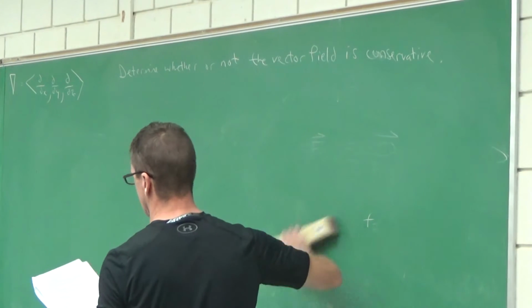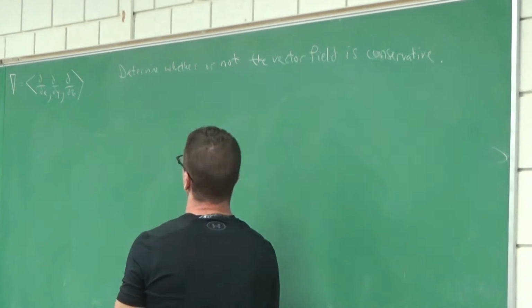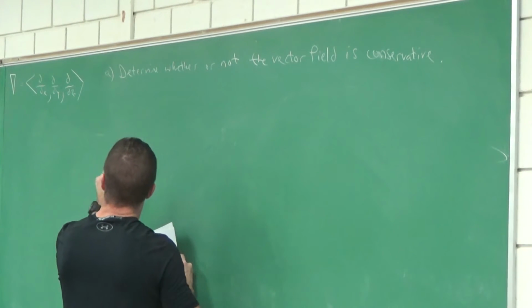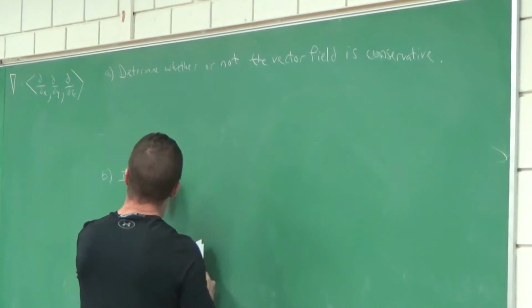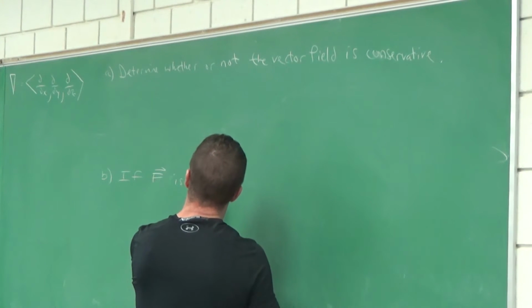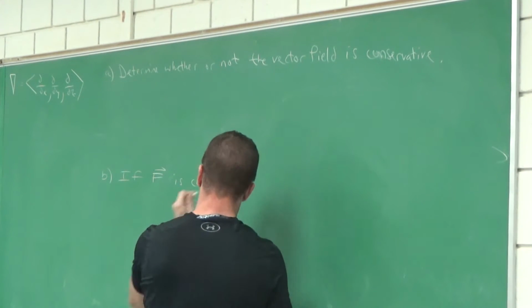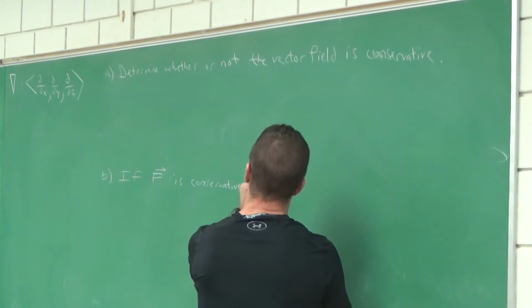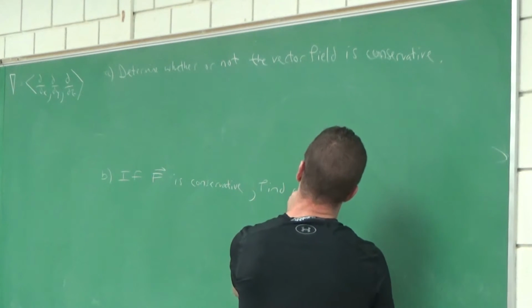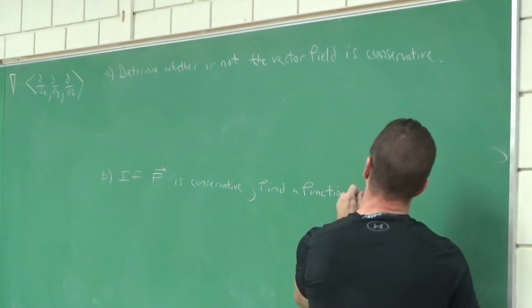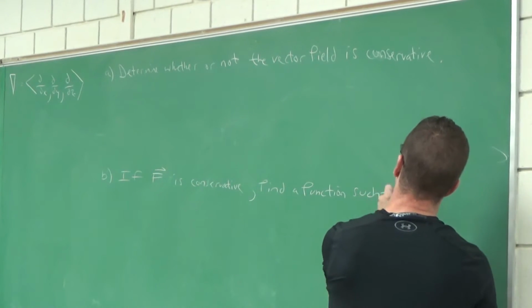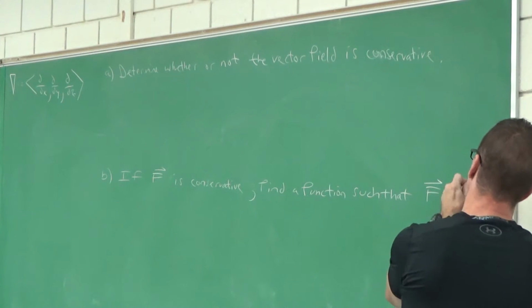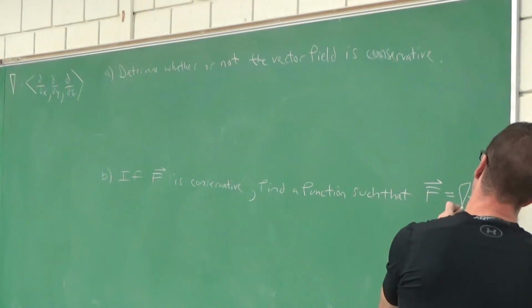If the vector field is conservative, if F is conservative, find a function f such that F, vector field F, is equal to del of lowercase f.